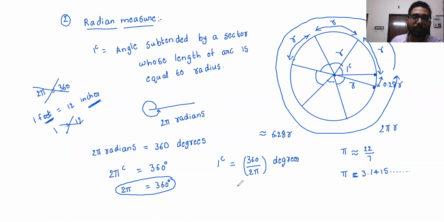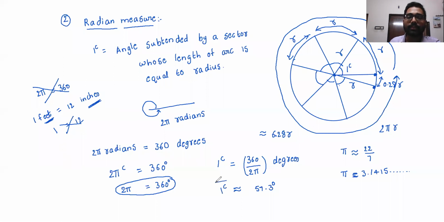We know 2 pi is 6.28, so this is approximately 360 divided by 6.28, which is approximately 57.3 degrees. So 1 radian is 57.3 degrees, right?